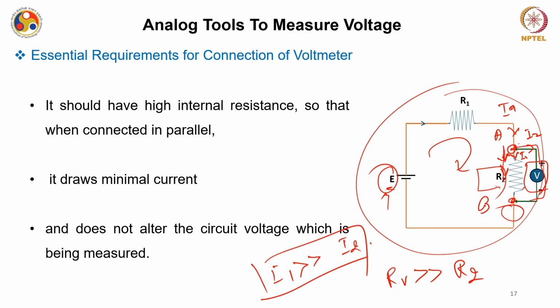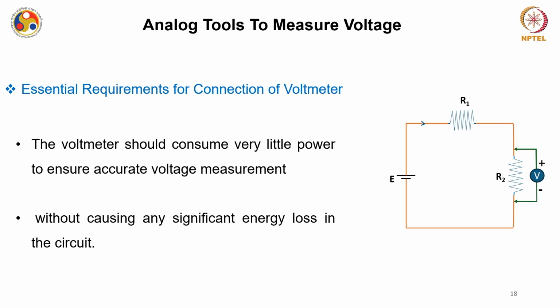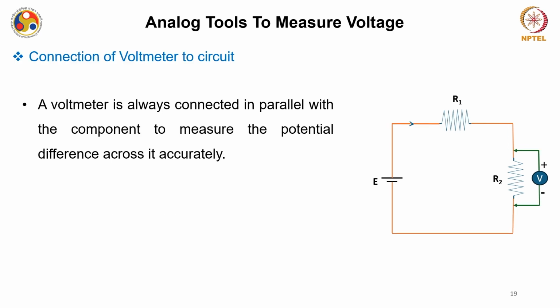The exact voltage, or the potential difference between points A and B, can be calculated. The voltmeter should consume very little power to ensure accurate voltage measurement without causing any significant energy loss in the circuit. A voltmeter, as I have already mentioned, is always connected in parallel with the component to be measured, to measure the potential difference across that component.